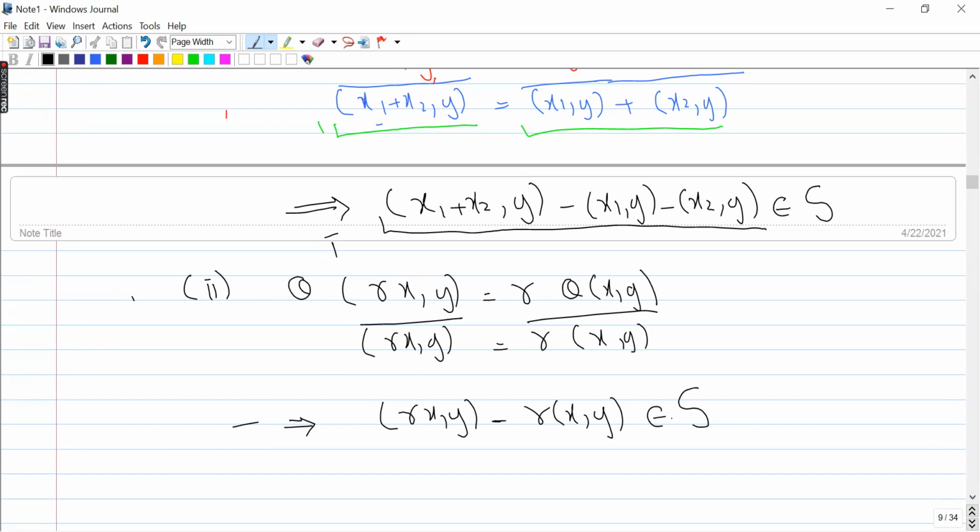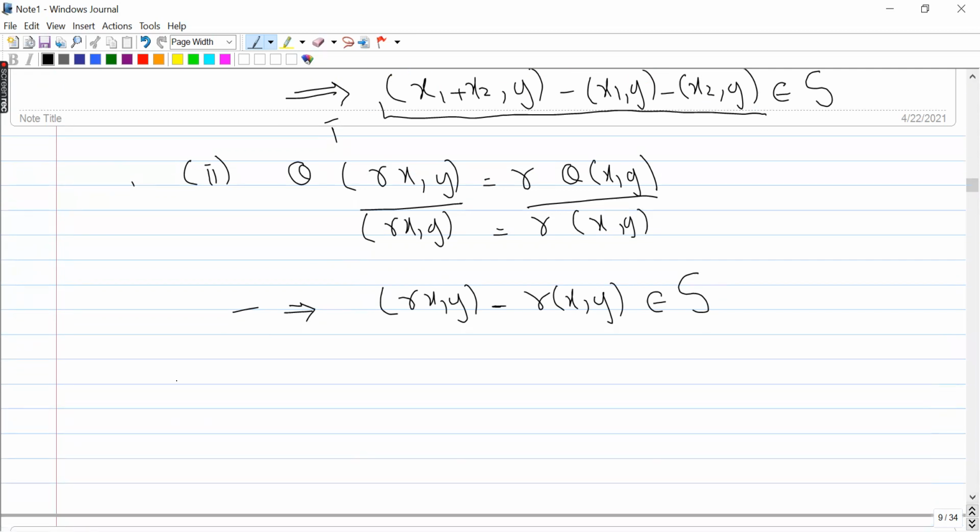So in the same way, I am not showing the third and fourth.